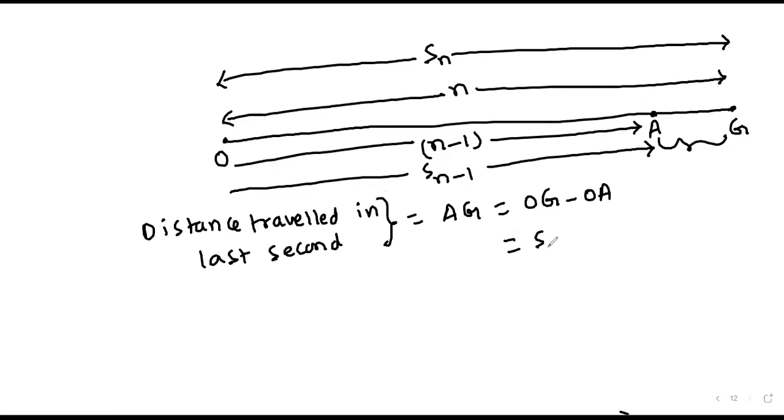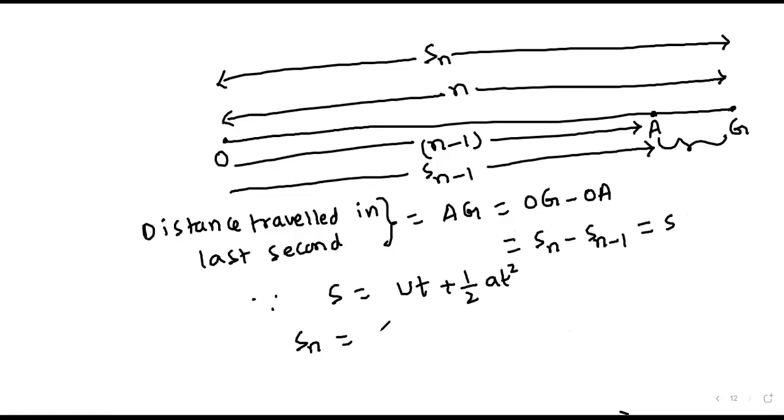OG is nothing but Sn. OA is nothing but Sn minus 1. Applying the formula S equal to ut plus half at square, the distance traveled in n seconds is un plus half an square.